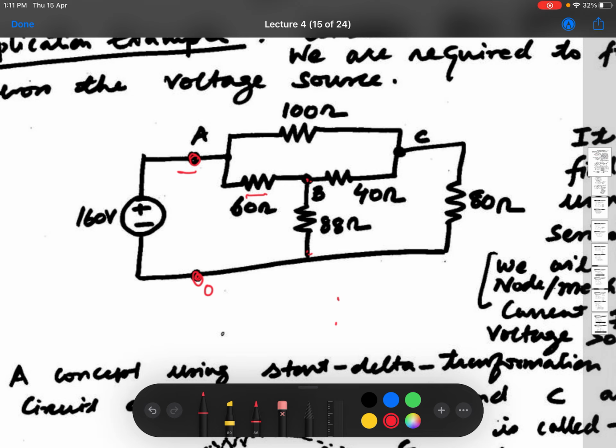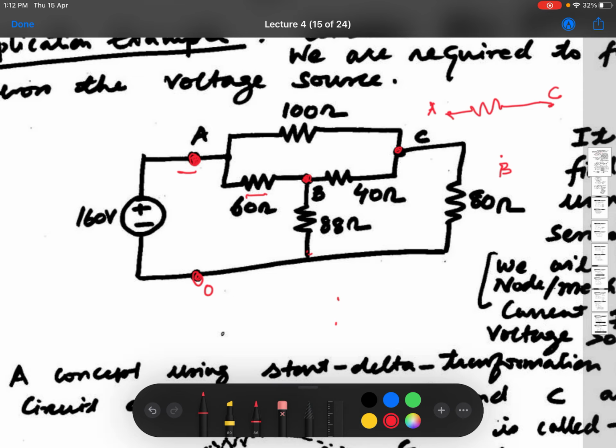This type of connection of resistances or impedances is called a delta or star connection. For example, if I consider terminal A, terminal B, and terminal C, I am drawing it again here, trying to conform to what is in the circuit.